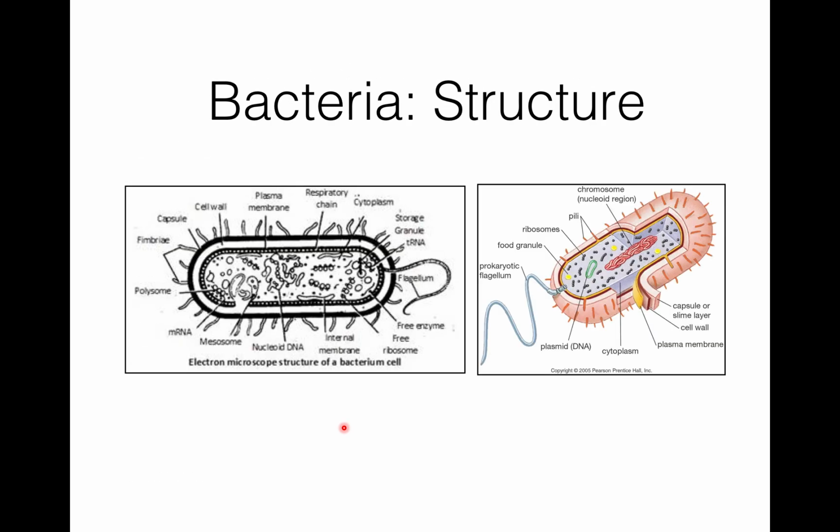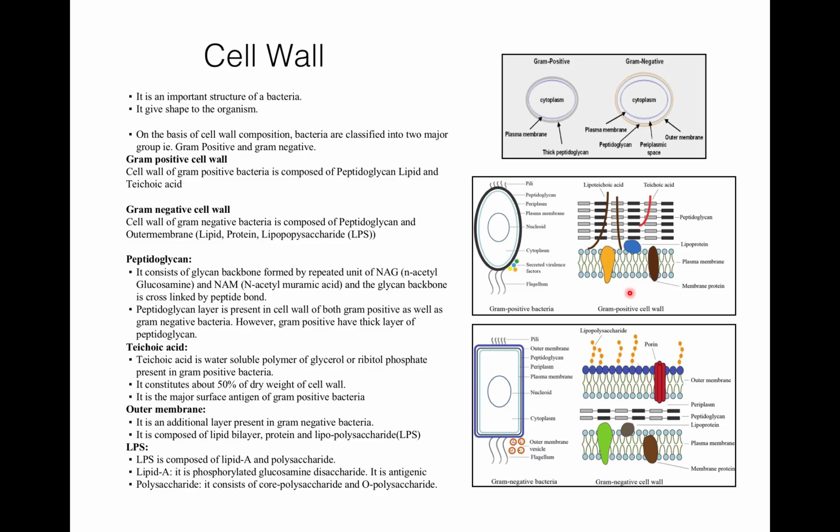Now cell wall. So beneath the capsule, cell wall is present. Here you can also see this is the cell wall, the brown colored layer. It is a very important structure of bacteria.